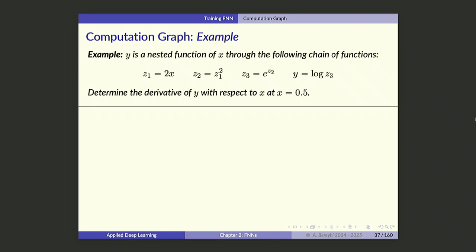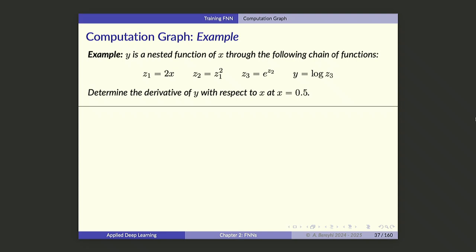Okay? First of all, before going on, let's see how I can write down y in terms of x. How can I write down y in terms of x? y is log of z3, and z3 itself is e to the power z2, right? So what is log of exponential of z2? z2 itself, right?